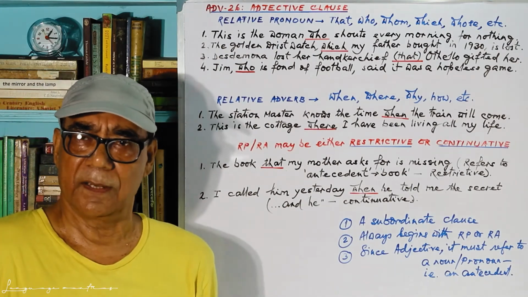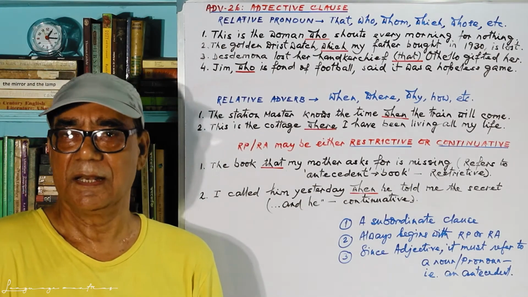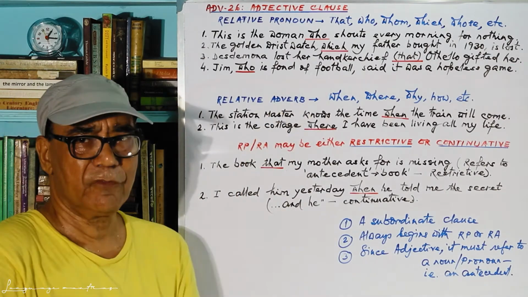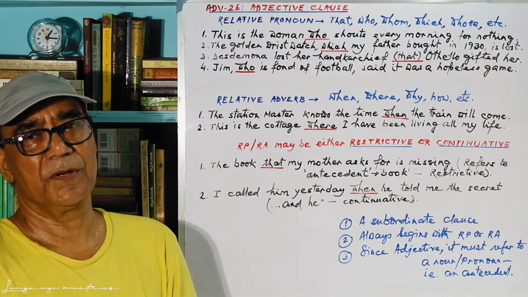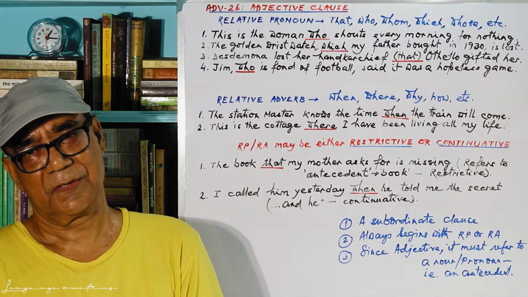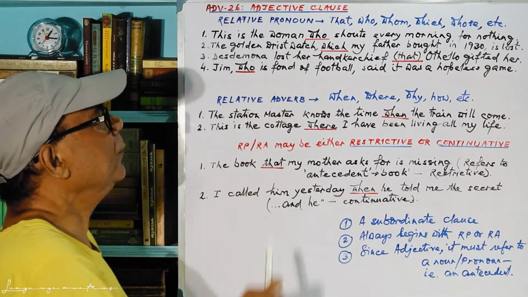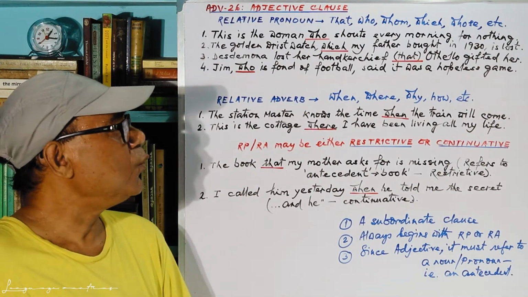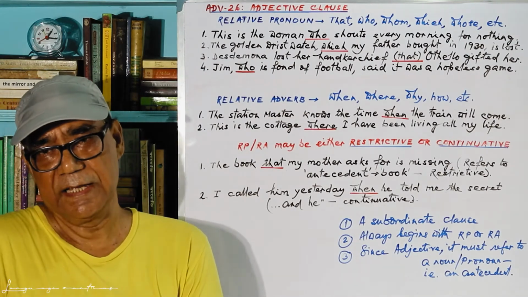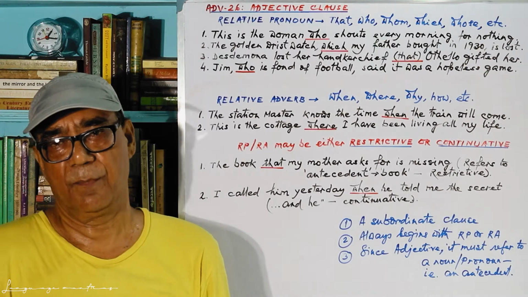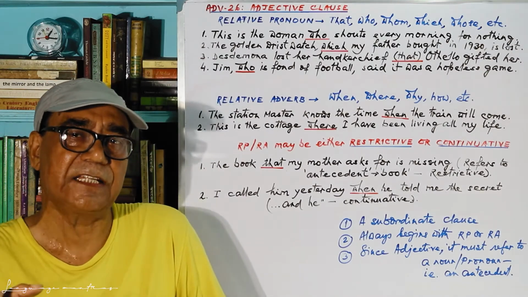This is the woman. So what? Now, it needs some sort of extension to complete the sentence, to give you a good sense. So that's why this is the woman who shouts every morning for nothing. This part, who shouts every morning for nothing, is added to it.